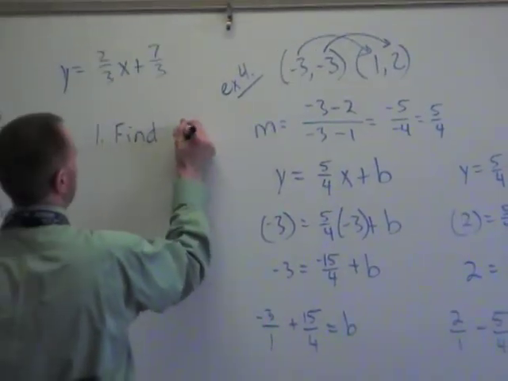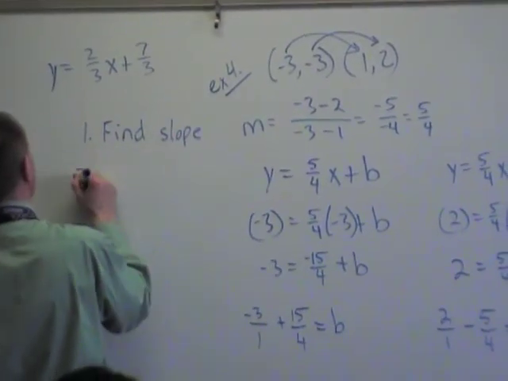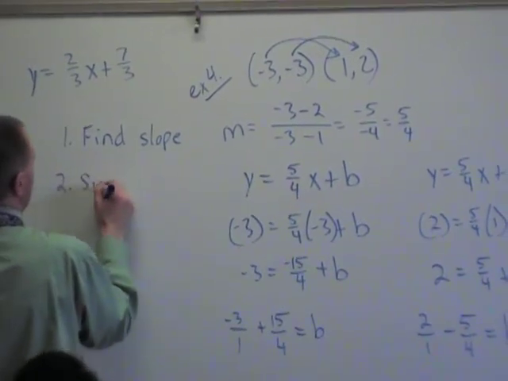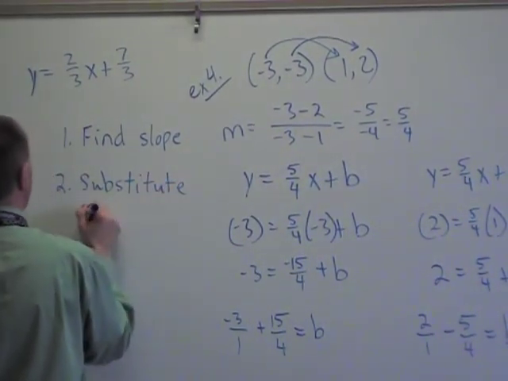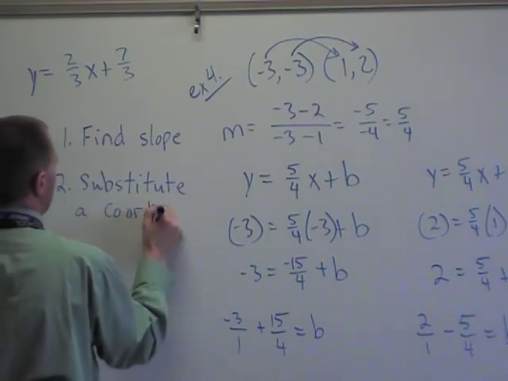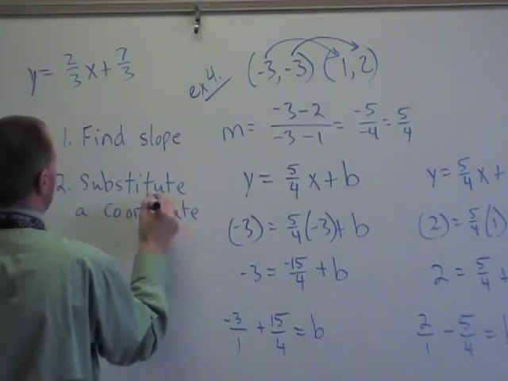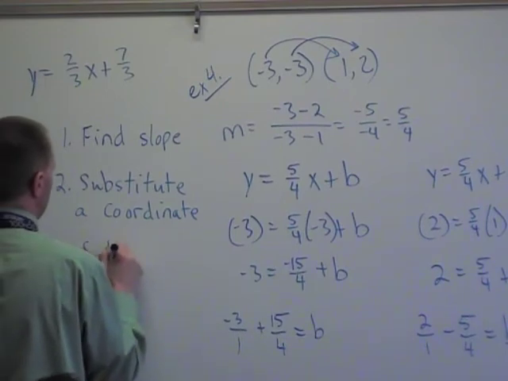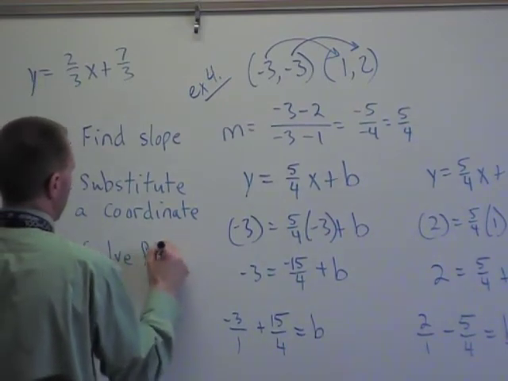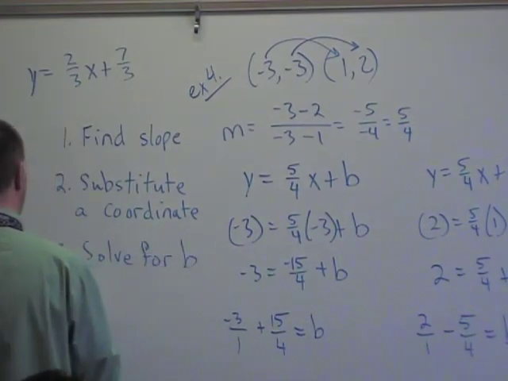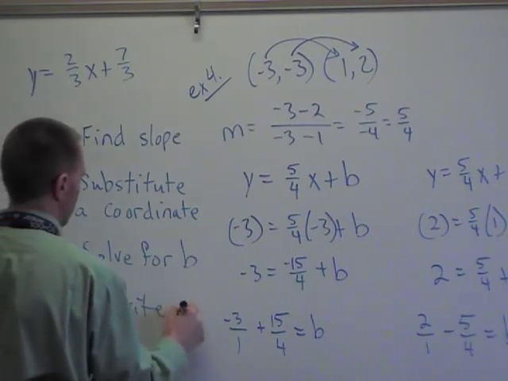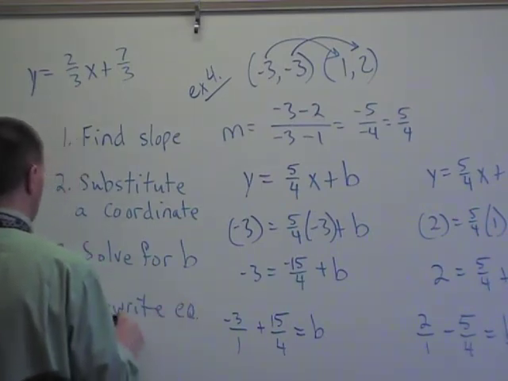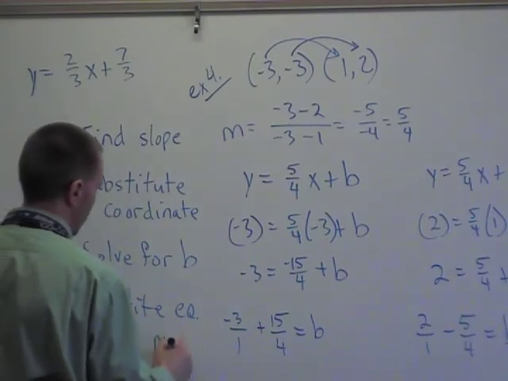Step 1, find the slope. Step 2, substitute a coordinate. Step 3, solve for b. Step 4, rewrite the equation with m and b.